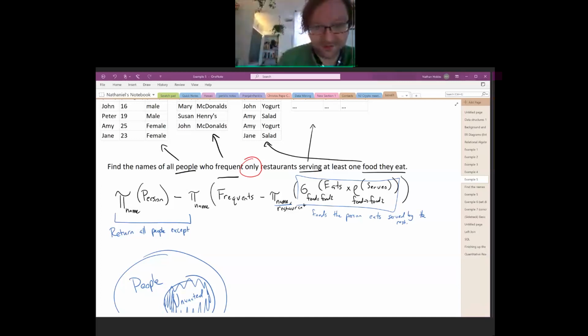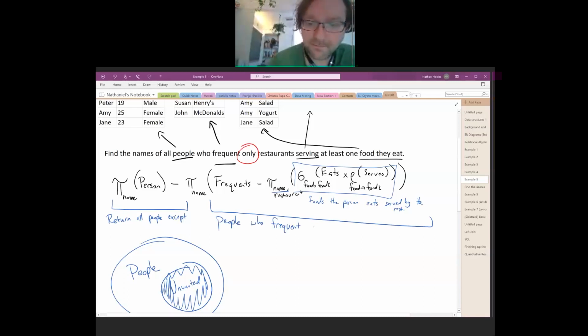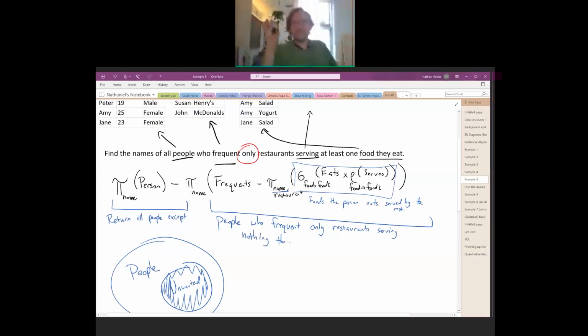But from the frequents table, now, we're subtracting those people. So these are people who frequent only restaurants serving nothing they eat.